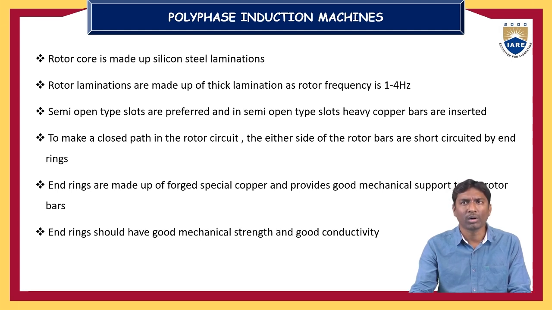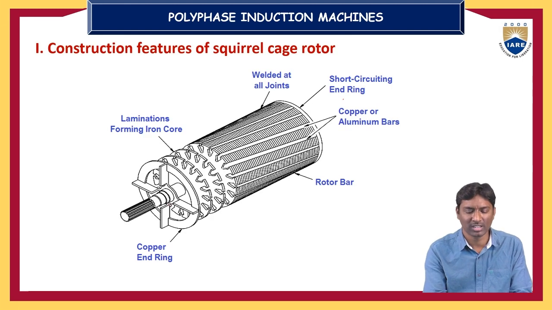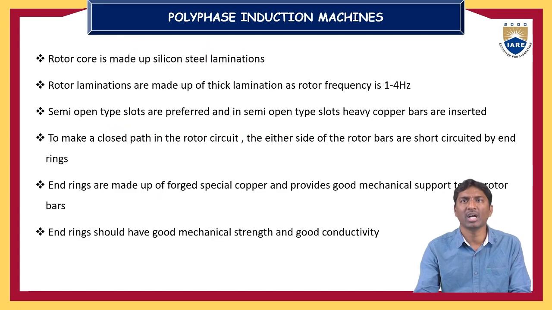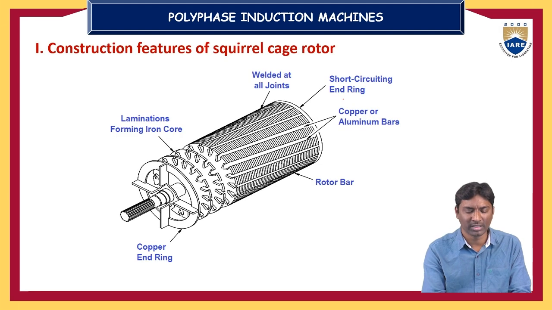And to make a closed path in the rotor circuit, either side of the rotor bars are short circuited by these end rings. You can observe here that these end rings are short circuited. So to provide the closed path in the rotor circuit of the squirrel cage induction rotor, either side of the rotor bars are short circuited by the end rings.